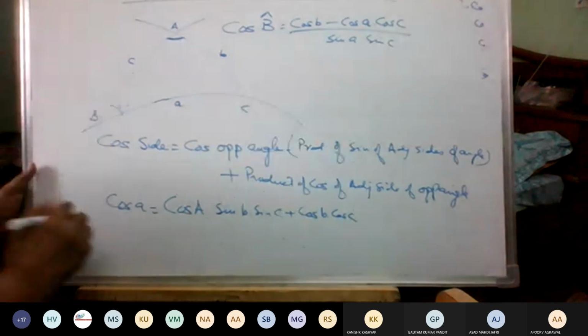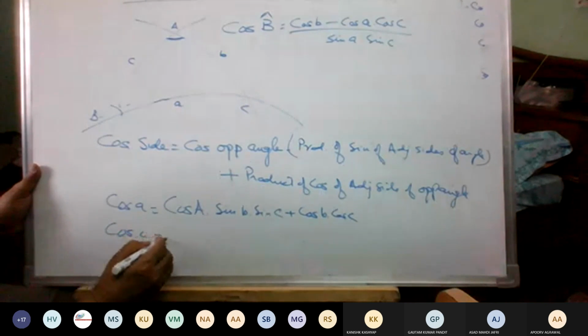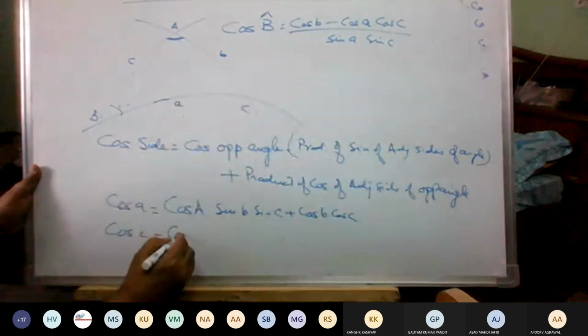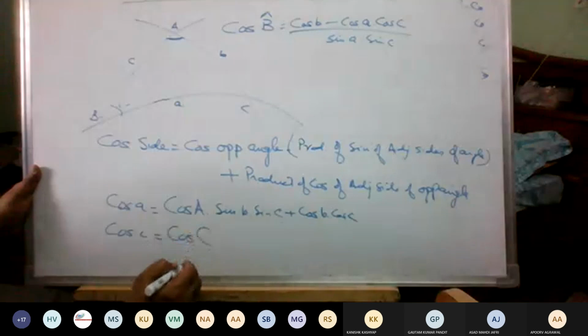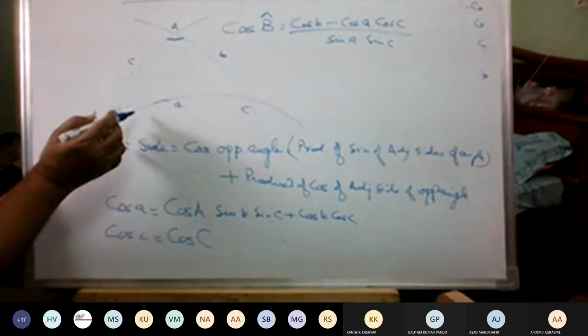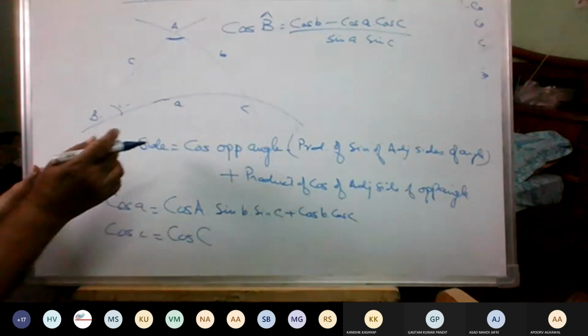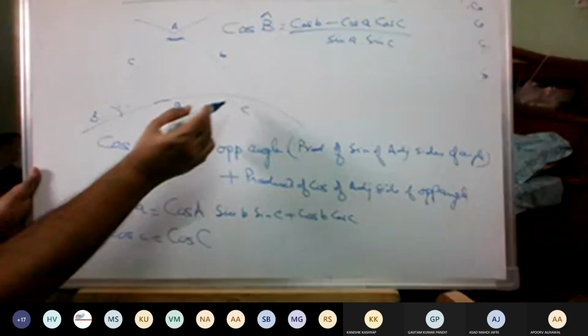Suppose we want to know side C, so we can write cos of C equals cos of the opposite angle, cos of capital C, into the product of sine of the adjacent sides of that angle. Which are the adjacent sides?